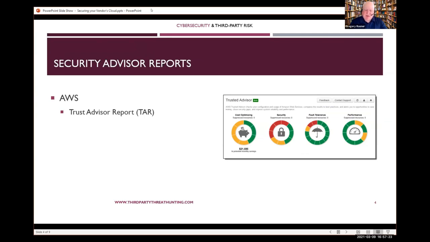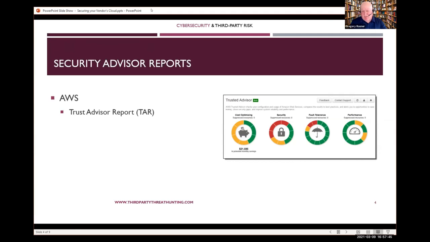They can redact certain sensitive things like IP addresses and unique names that would give them some discomfort from a security perspective. But the Trusted Advisor report is going to give you, as the customer, the vendor's security configurations in AWS.